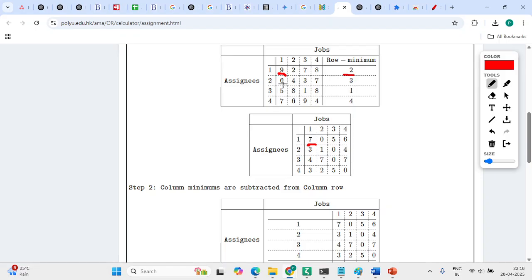From 2, if we subtract 2, we are left with 0. From 6, if we subtract 3, we are left with 3, and so on. So now we have done this exercise where we have subtracted the row minimum from each element of that row, and we get this matrix.